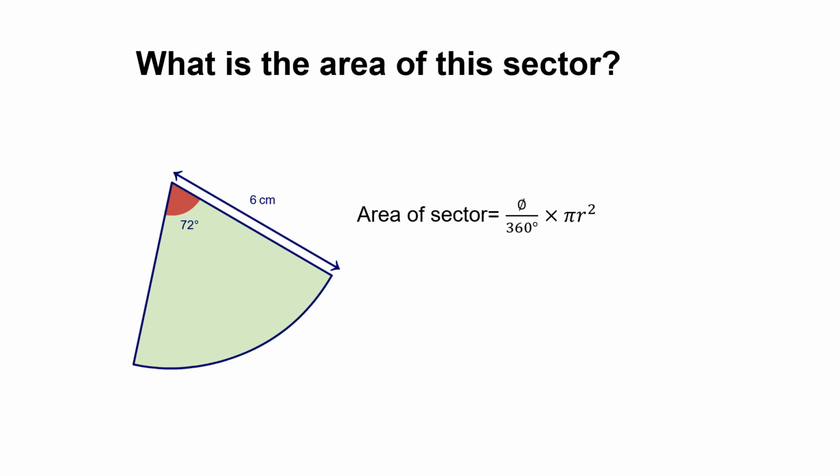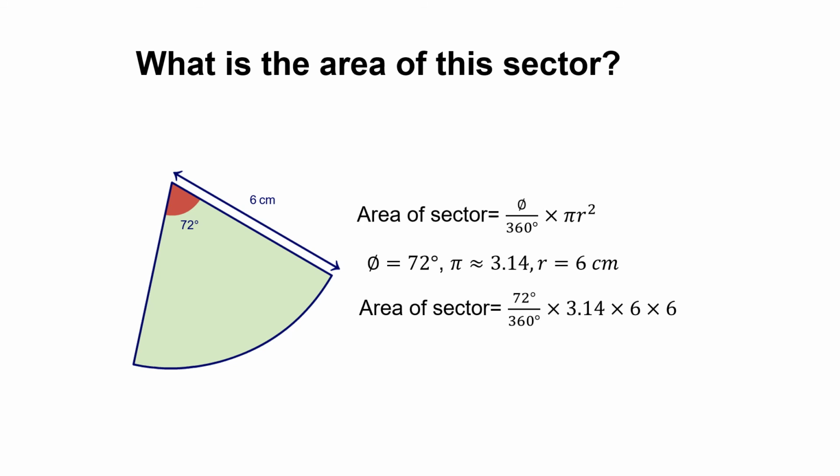We know that to calculate the area of a sector, we use theta divided by 360 degrees multiplied by pi r squared. We also know that theta equals 72 degrees. Our approximate value of pi is 3.14 and our given radius is 6 centimeters.